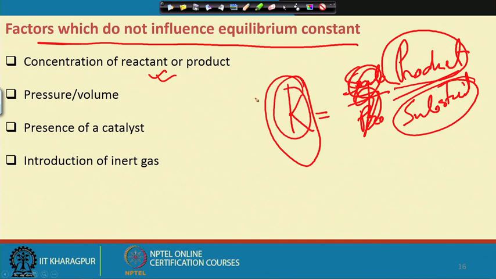Now, one interesting feature: suppose we want to increase the product formation. Our goal is to get more product. If we take out the product from time to time, then more substrate will be converted to product to keep the equilibrium constant.